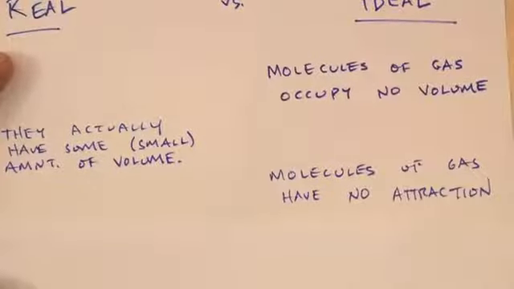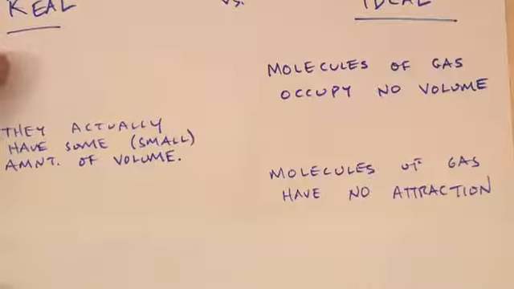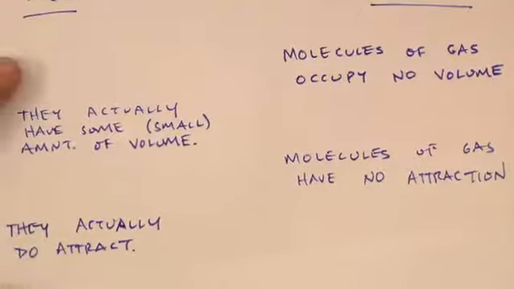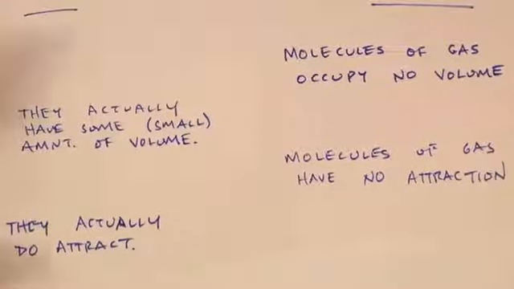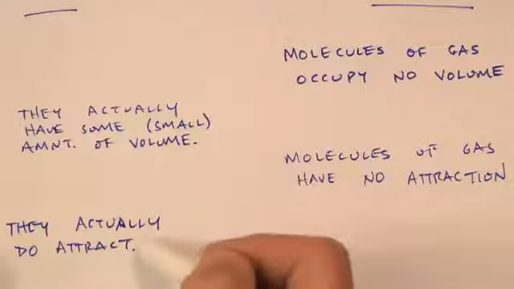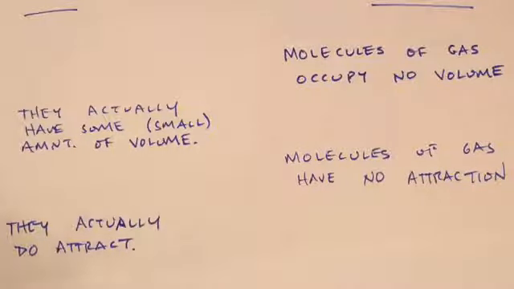Well, as you probably know, they actually do attract. Maybe not very much, but they do attract just a little bit to one another. These two consequences, that they actually have some small amount of volume and that they actually do attract, can sometimes cause problems for gas equations or gas calculations.